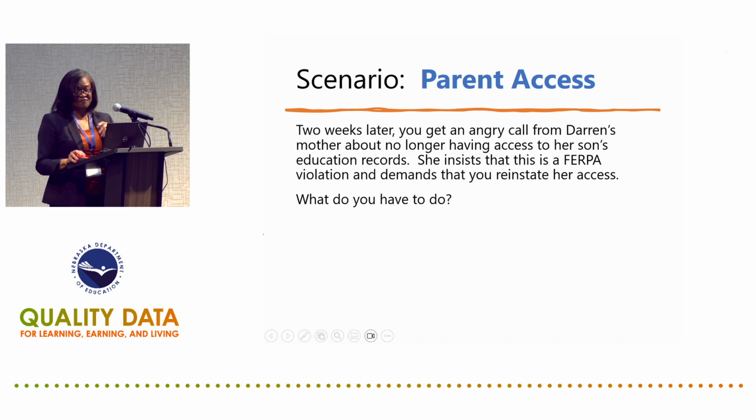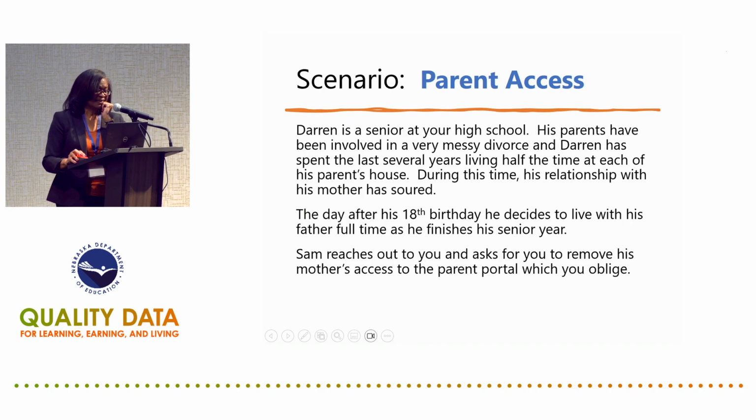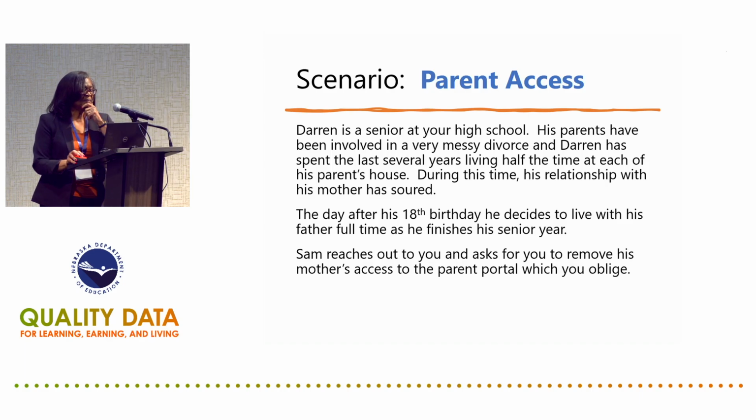Okay. So first off, how old is Darren? He's 18, and he asked for that access to be removed for his mom to the parent portal the day after. Well, it doesn't matter. Sam reaches out to you, that's why you asked about Sam.